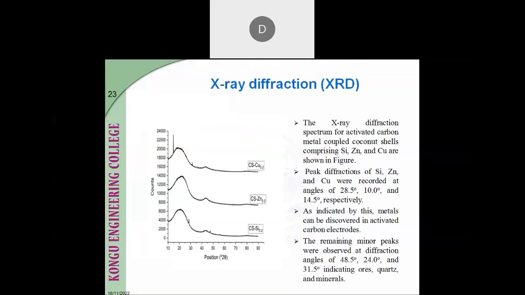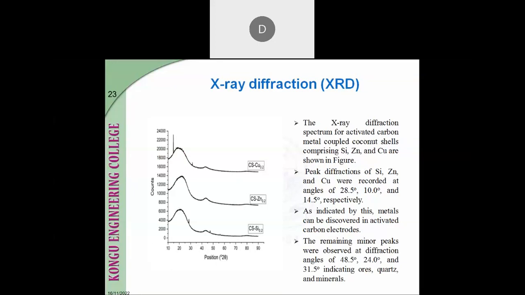Next, another important analysis is X-ray diffraction. The schematic representation shows the X-ray diffraction spectrum for the activated carbon metal coupled with the coconut shell, consisting of silica, zinc and copper.